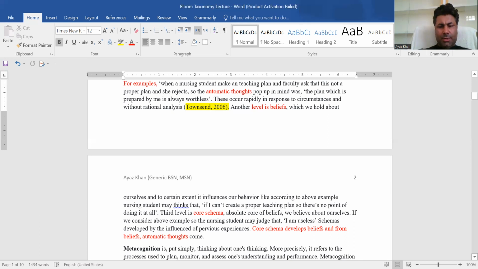So the level of the core schema is the absolute core of beliefs in which the student believes about themselves. In the above example, the nursing student may judge that I am useless and I cannot develop a fine and correct assignment.